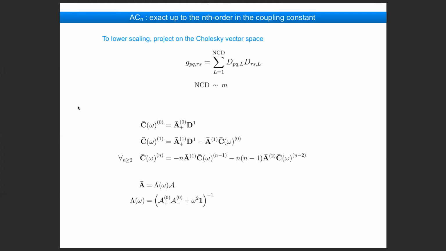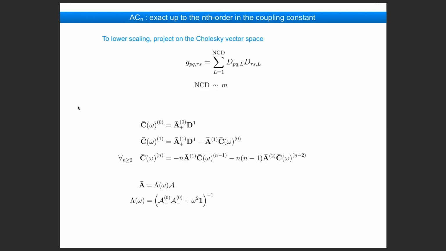And the nice thing is that there is a recursion relation which allows you to find the response function order by order, recursively. So you find C0 and C1, and then Cn comes from recursion. So very simple. You do just a few iterations, and you end up with the order that you want. But again, this original recursion relation was n to 6.